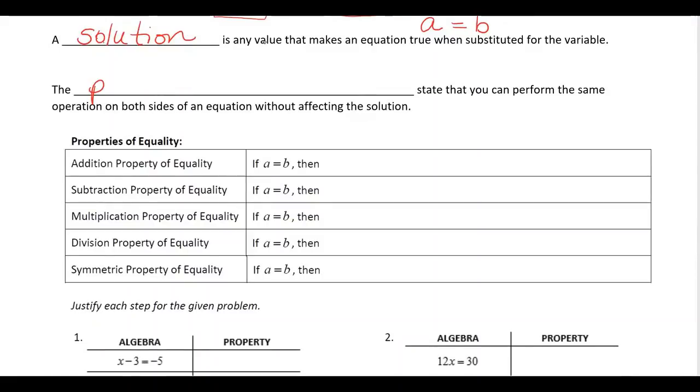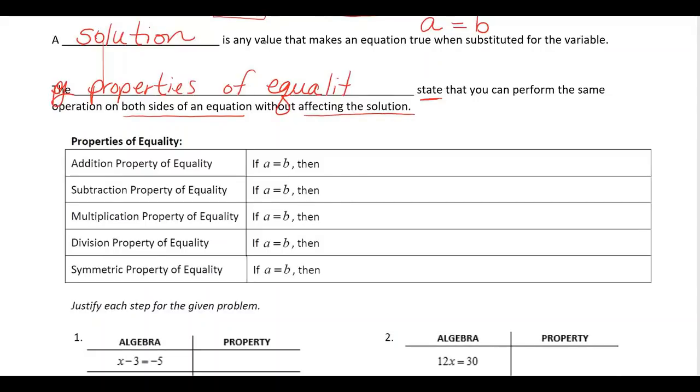So, it says the properties of equality state that you can perform the same operation on both sides of the equation without affecting the solution.